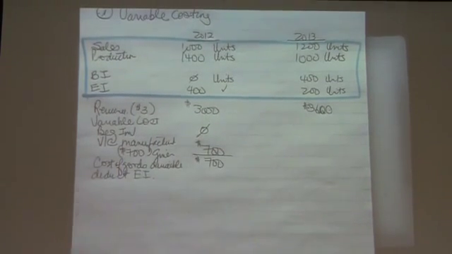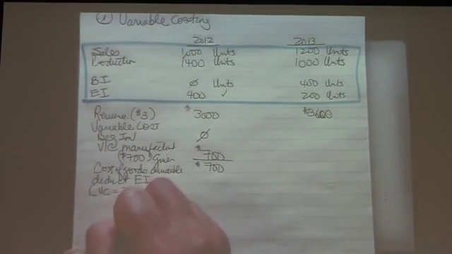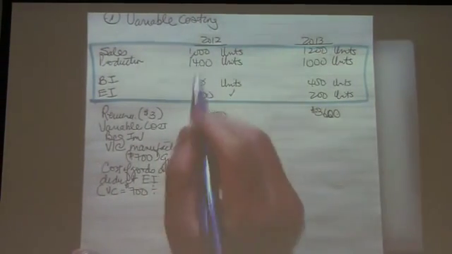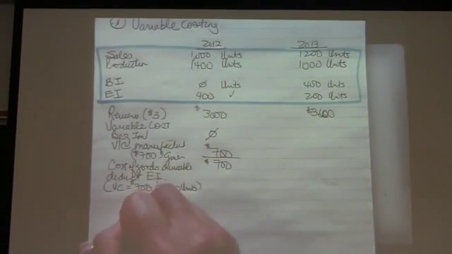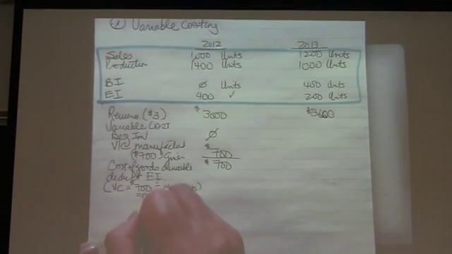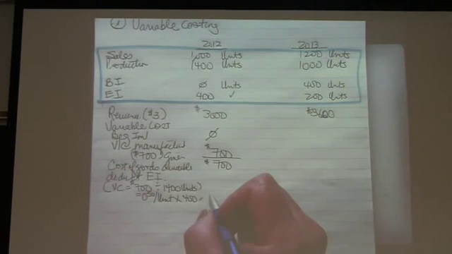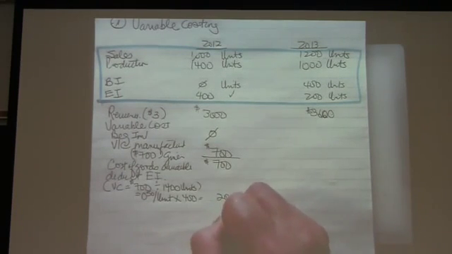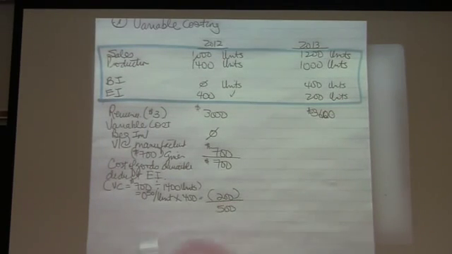We know the variable cost is $700, and we produced 1,400 units, right? So this gives us 50 cents per unit, times ending inventory of 400 gives me 200, right? 50 cents, 50%. And this gives me 500 variable cost of goods sold.